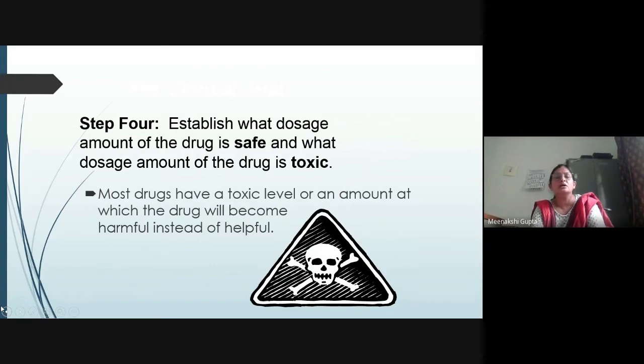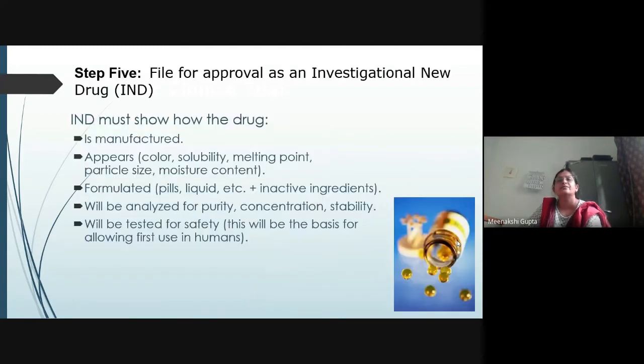In these preclinical studies, most drugs have a minimum effective level and a maximum level, which we can call the toxic level. So we determine the toxic level, or the amount at which the drug will become harmful to us. Okay, so this is also determined under the preclinical studies.